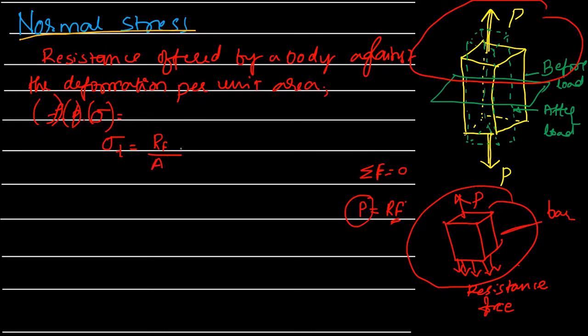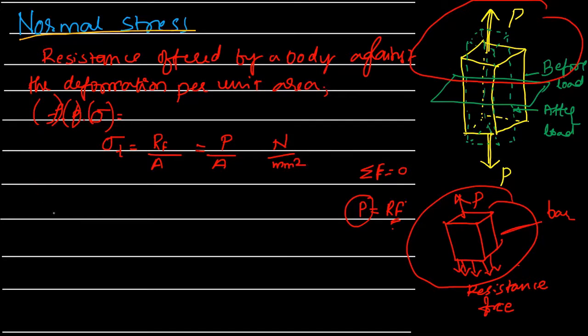As seen based on equilibrium conditions, the external force is equal to the resistance force which is developed. So now you can replace this RF as P by A. P is in terms of Newton, A is in terms of mm square or meter square.